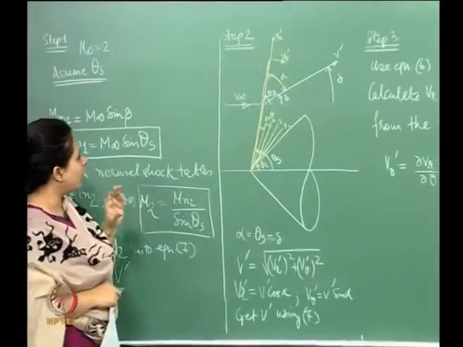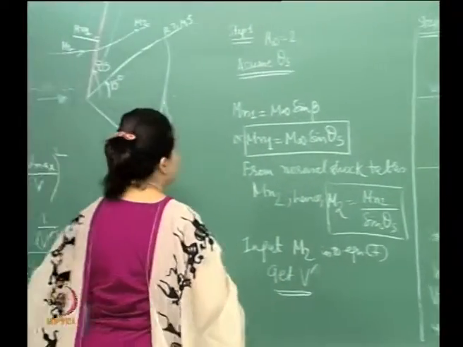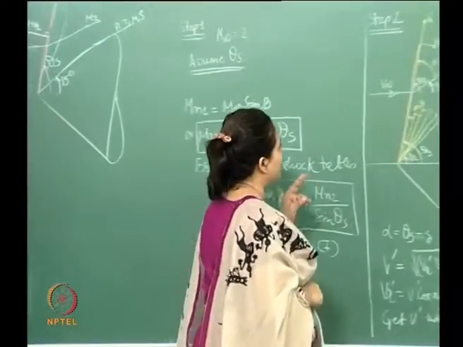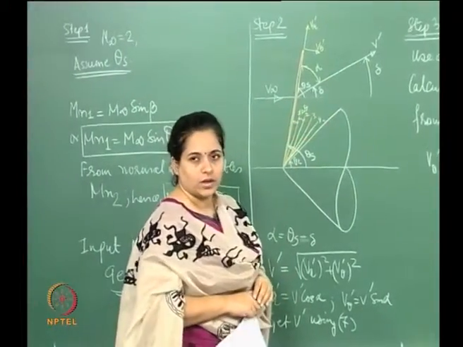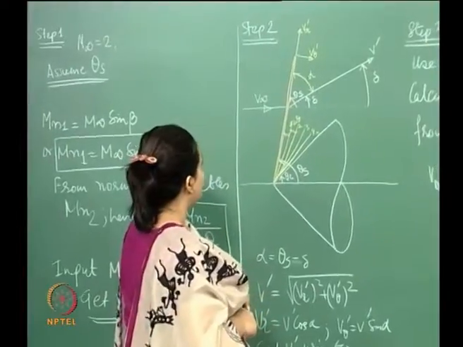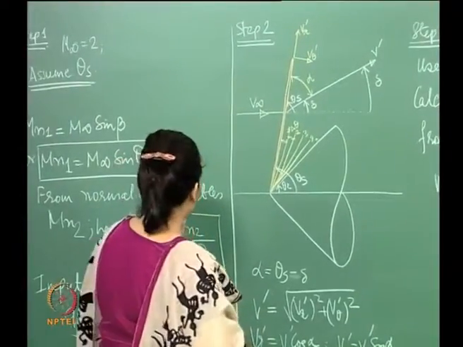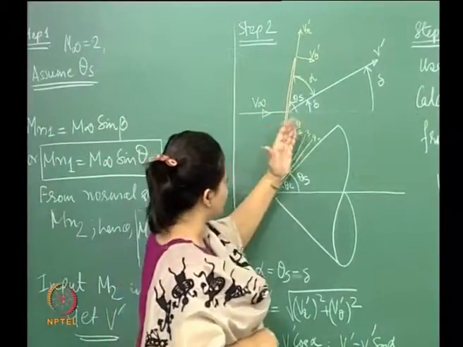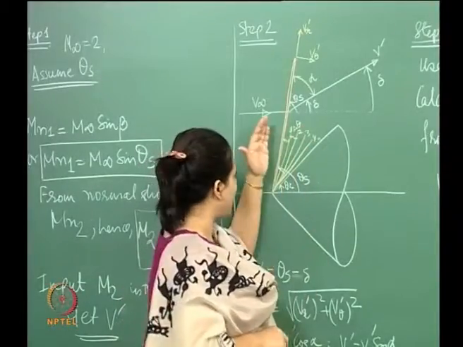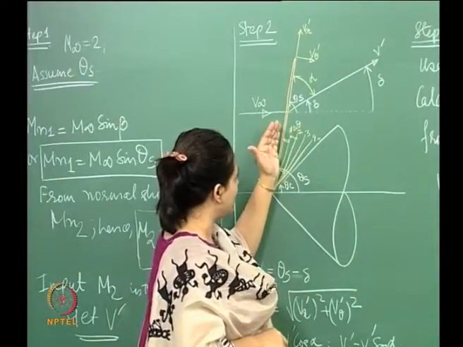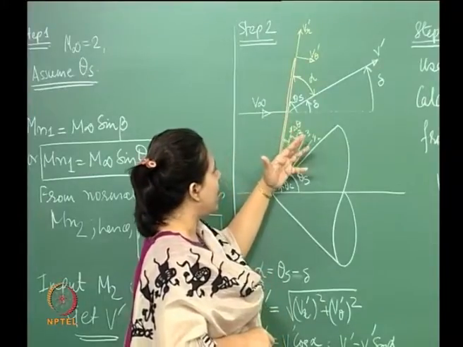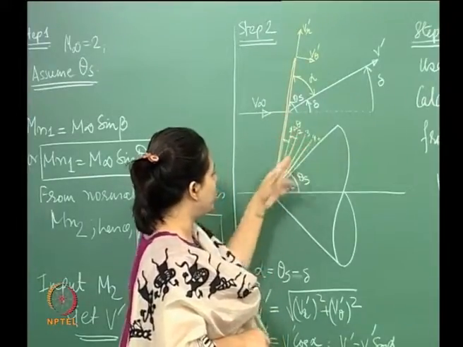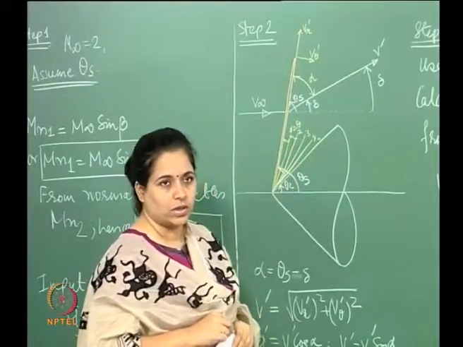Okay. Now, what was our problem? Our problem was that we need to find out the properties just behind the shock wave and on the surface of the cone. So, when we start from here, we are going at various steps and we keep going farther and farther away from the shock wave, and at some point we should be reaching the surface of the cone, right.